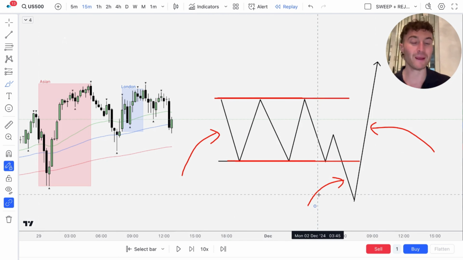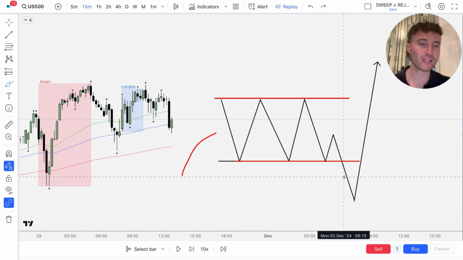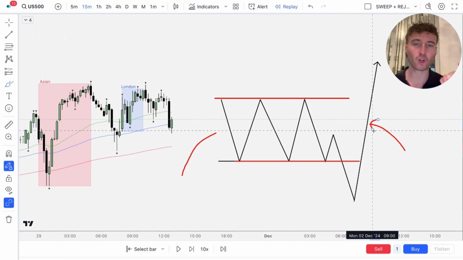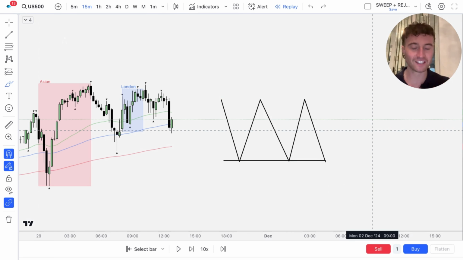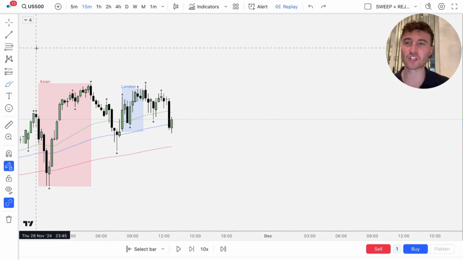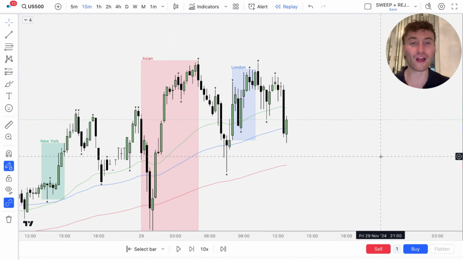The second one, manipulation, is literally just price coming out of this range. And three is the distribution, which just means the trend continuation play. Our job as a trader is to identify this Power of Three within the live markets. Then we can look at executing within the market and within the trend.